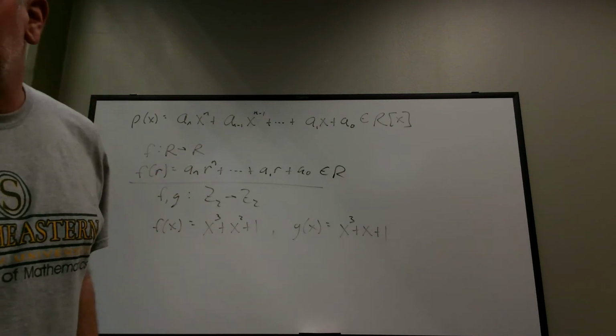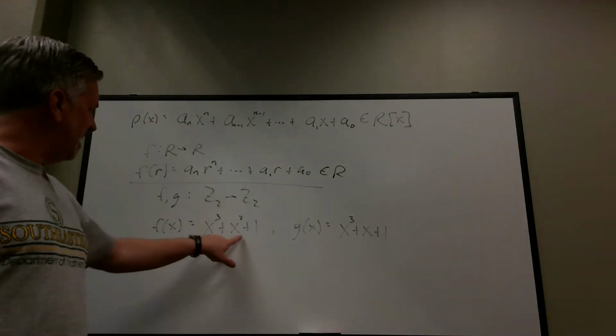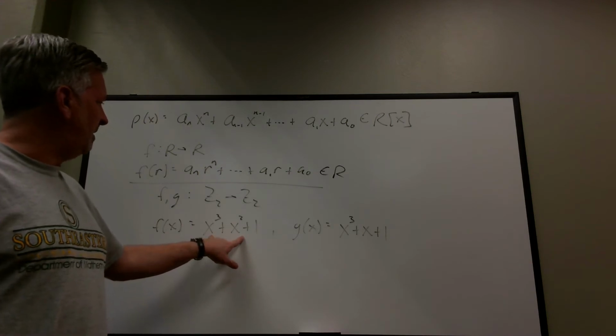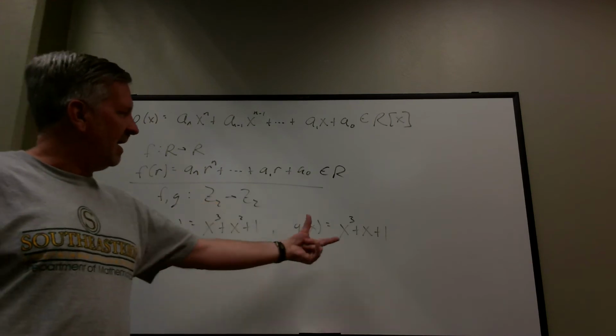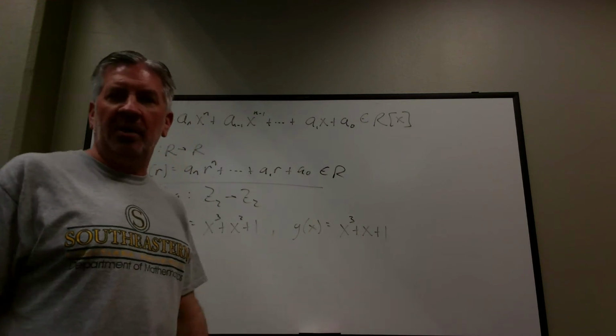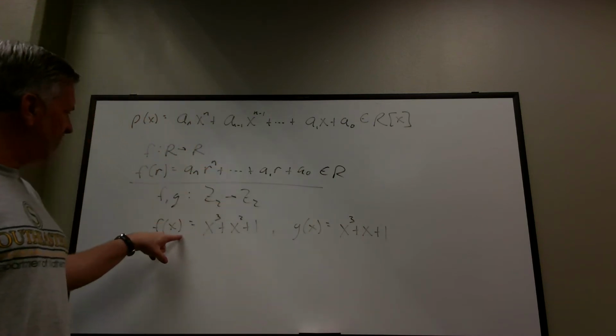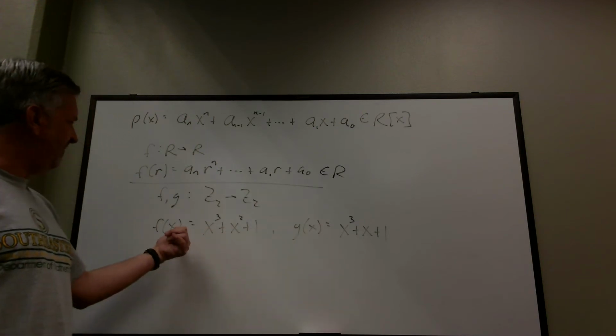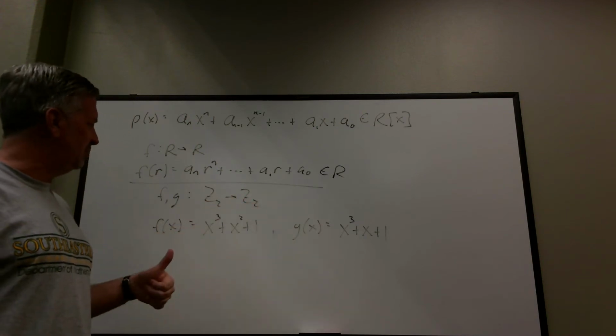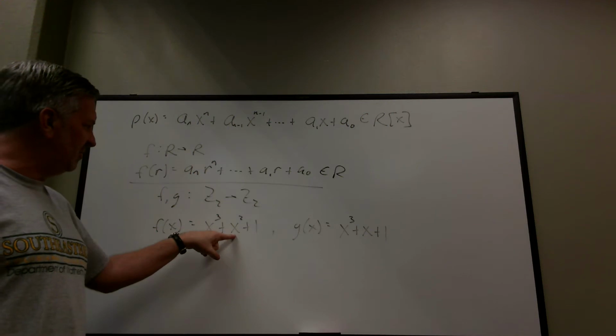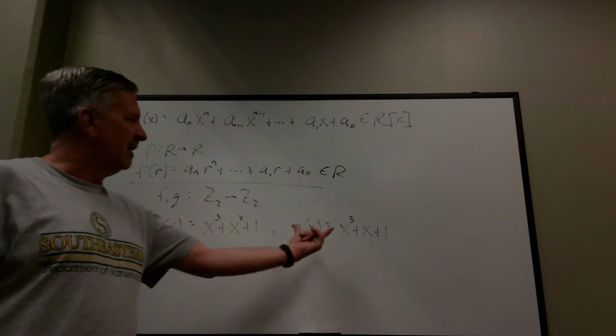So the next example says, consider the two polynomials x^3 + x^2 + 1 in Z_2[x], and x^3 + x + 1, also in Z_2[x]. Now, I didn't write those down as polynomials. I've written them down as functions. So think of f as a function from Z_2 to Z_2. If you plug in an element in Z_2, it'll spit out an element in Z_2. Same for g.